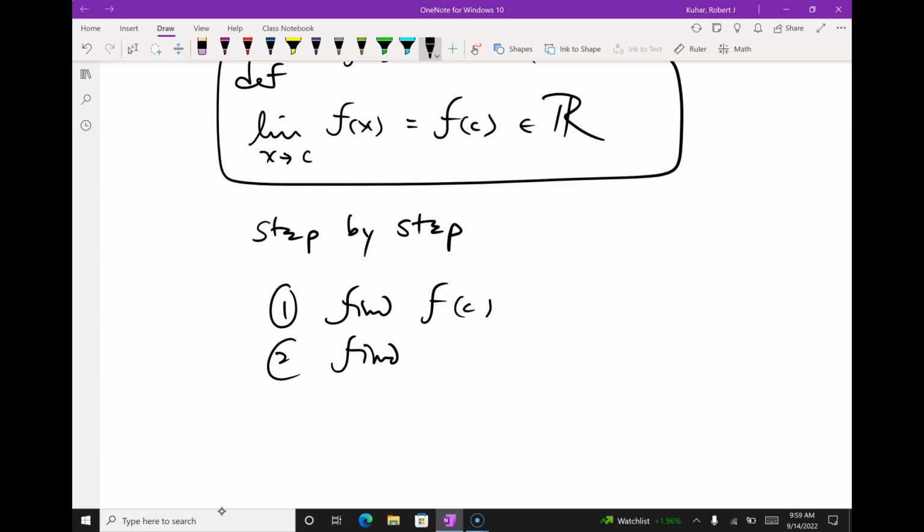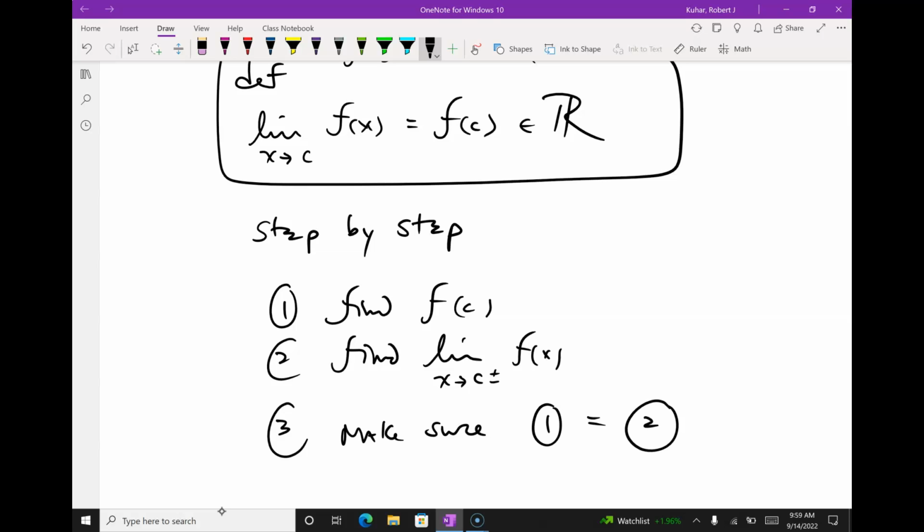Find the limit as x goes to c from the left and the right of f of x, and make sure step 1 equals step 2, and then you know it's continuous. Pretty simple, okay?